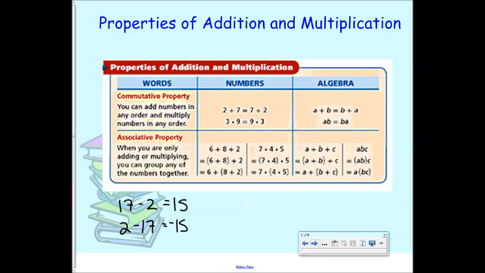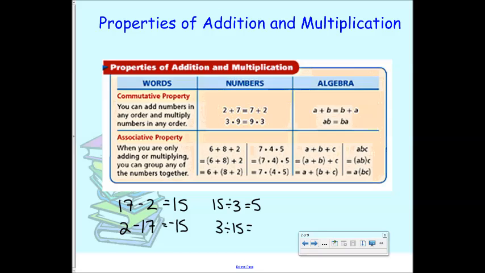So it does not work for subtraction, and it also doesn't work for division. Because division would be like 15 divided by 3 gives you what? 5. But 3 divided by 15 gives you what kind of number? Some type of decimal that I'm not going to figure out right now, right? But some type of decimal number, okay? So commutative property, when the order of the numbers changes, that's how you recognize it.